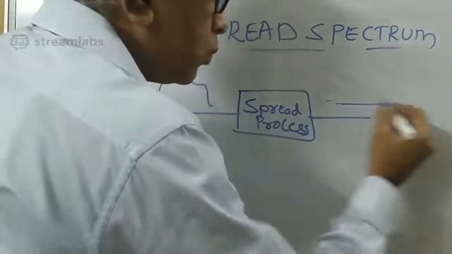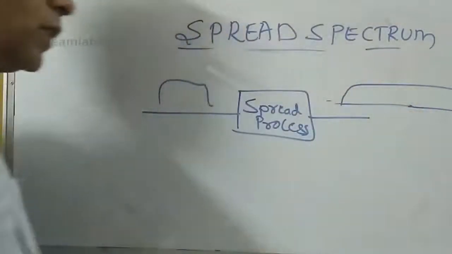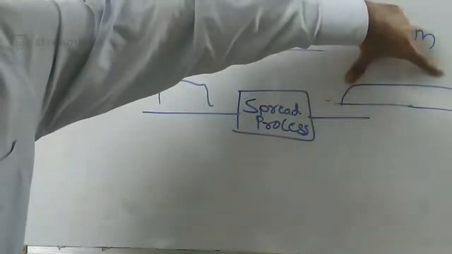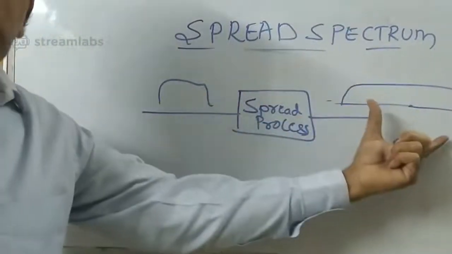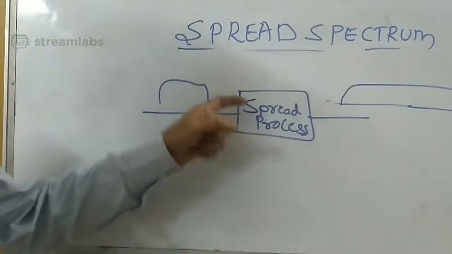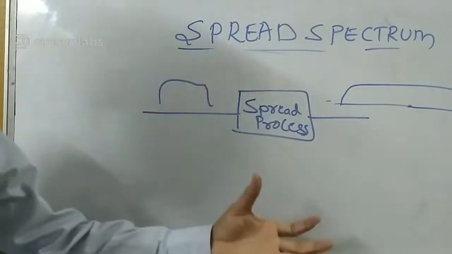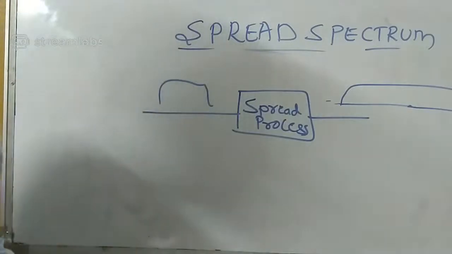When it comes to the output, look at the bandwidth of the output: it is going to be more than that of the input. This is the bandwidth of the input, and this is the bandwidth of the output. I increase the bandwidth of the input when utilizing the medium. So indirectly you are asking for a medium which should support more bandwidth than that of the input signal.